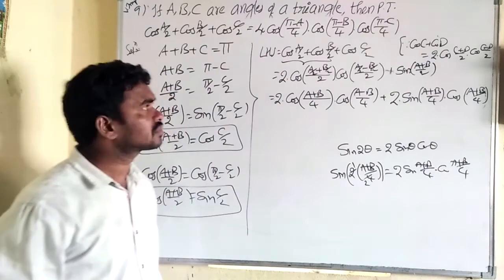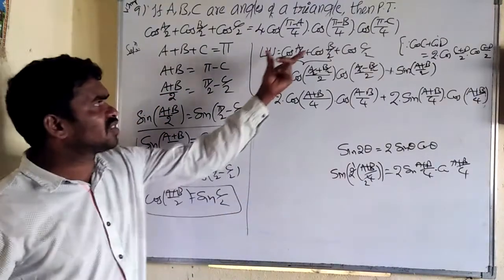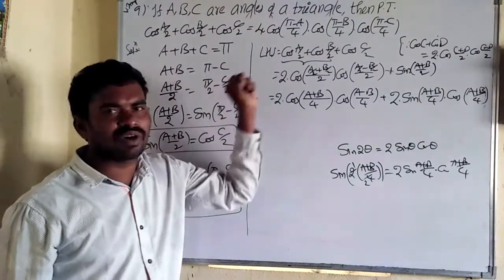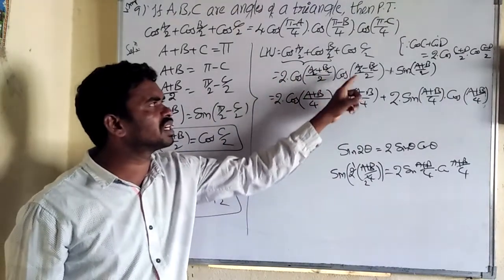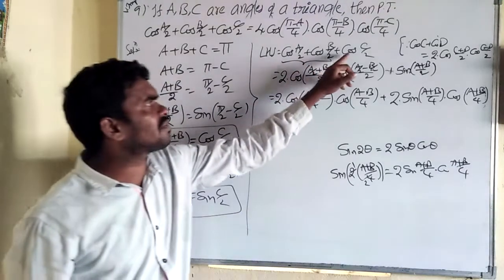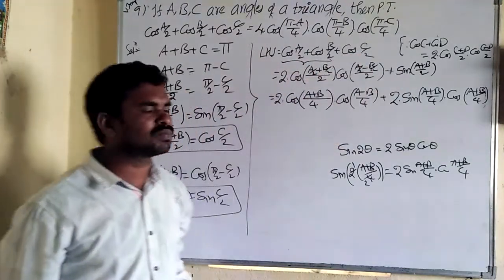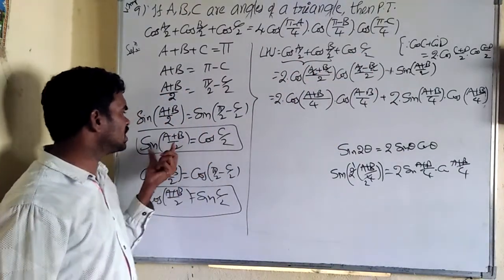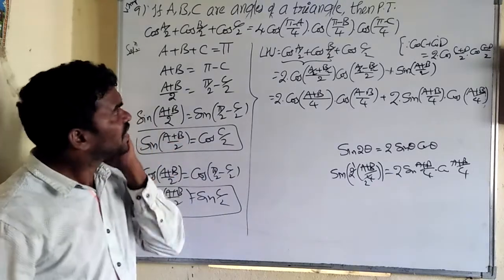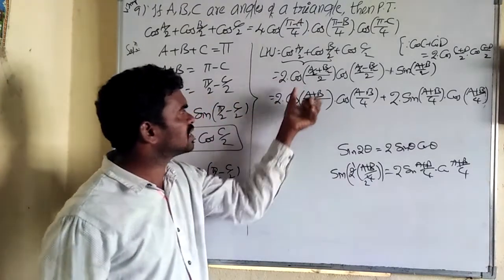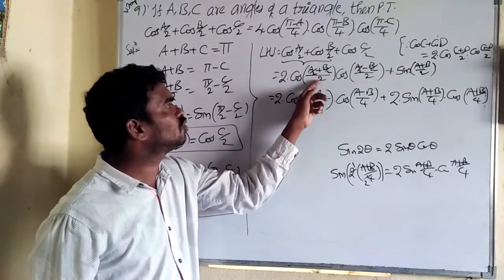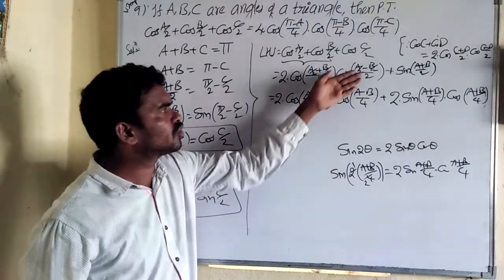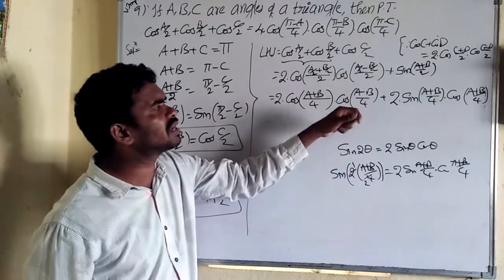See once again. For the first two terms, the cos C plus cos D formula is applied, that is 2 cos((C+D)/2) cos((C-D)/2). Next, instead of cos c/2, I wrote sin of (a+b)/2, because cos c/2 means sin of (a+b)/2. In the next step, the denominator 2 is the same, so 2 into 2 becomes 4.